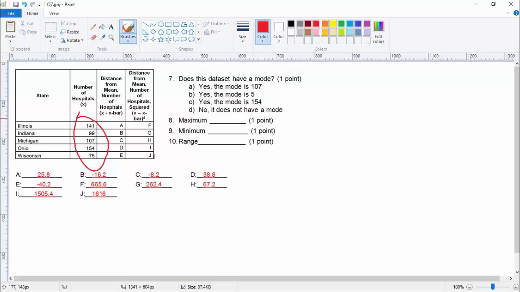So look at these decoy answers, A, B, and C. Yes, the mode is, that's just a decoy. There's no repetition, so it just doesn't have a mode. So that's one thing that's different between mode and median and mean. Mode is a measure of central tendency that sometimes data doesn't have, right? And so you can answer that it doesn't have a mode.